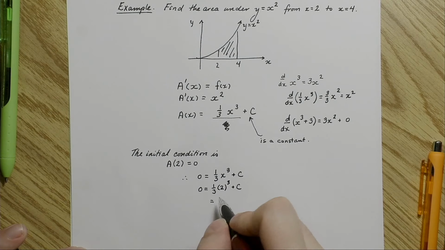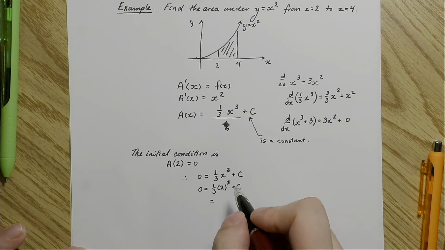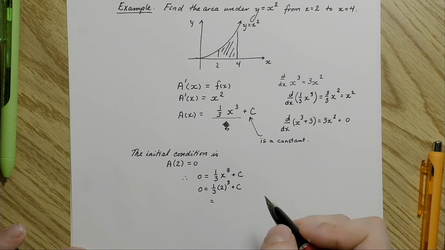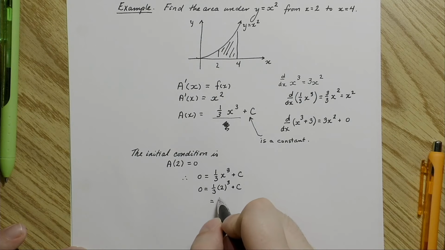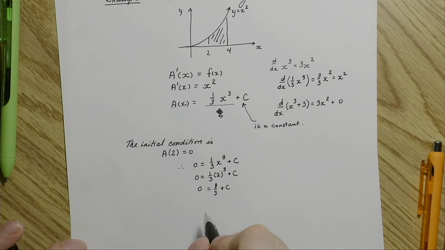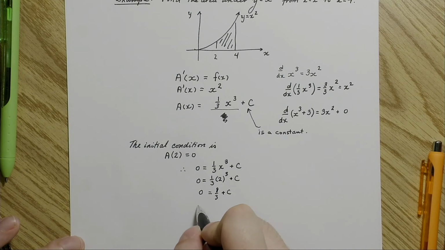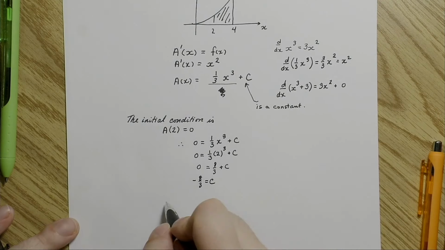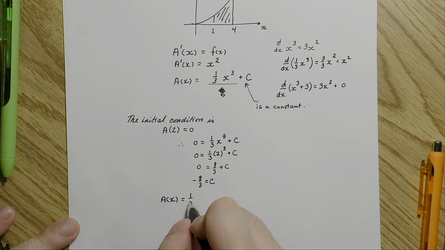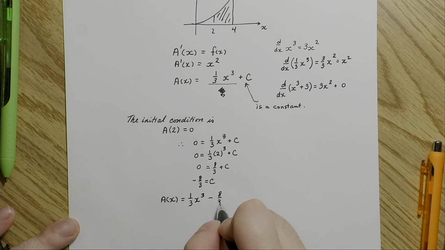That's equal to 8/3 plus c. And so that's negative 8/3 equals c. So our area function then is 1/3 x cubed minus 8/3.